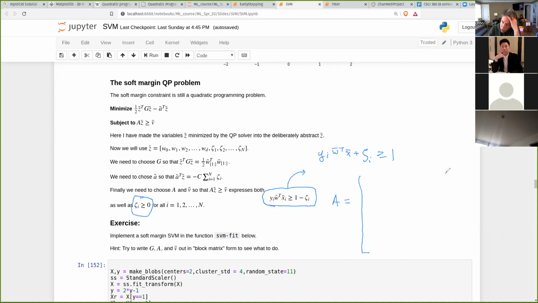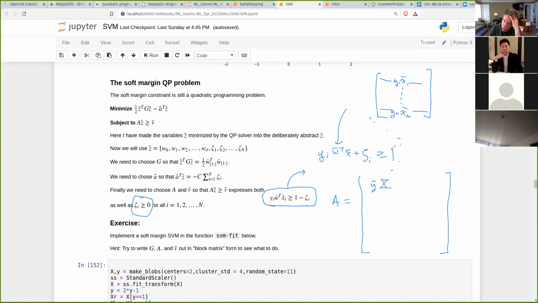So one part of A, we still want this stuff, right? So we're going to have a sort of y times x here. By that I mean it's going to be a bunch of rows: y1 times x1 all the way across, and then all the way down to yn times xn.